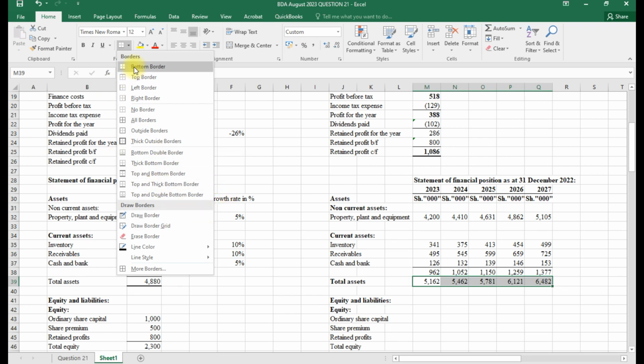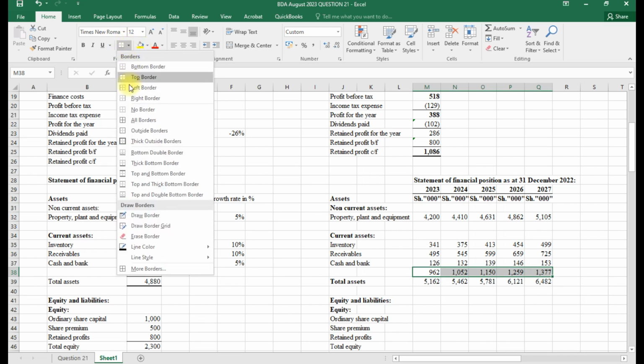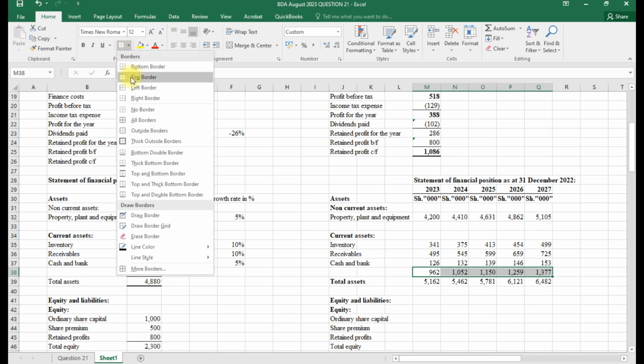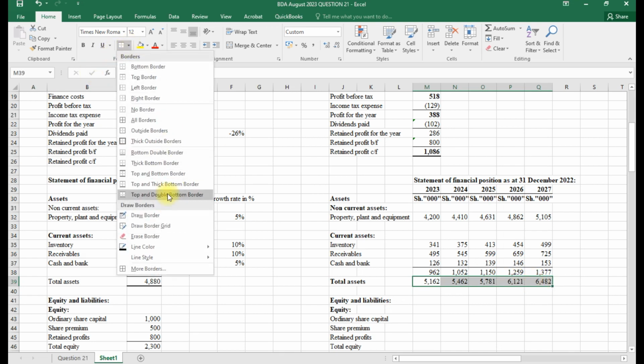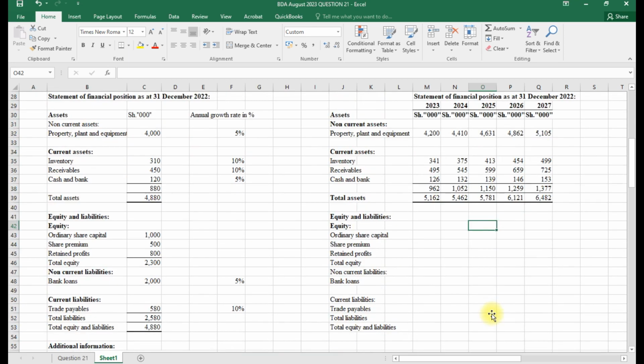So here I will remove the bottom, let me just adjust that. Just put the top. For this one we will use the thick top and thick border. So those will be our total assets for the financial position.